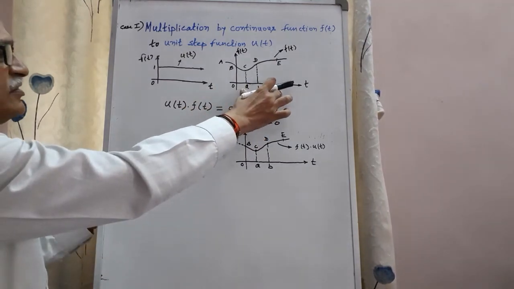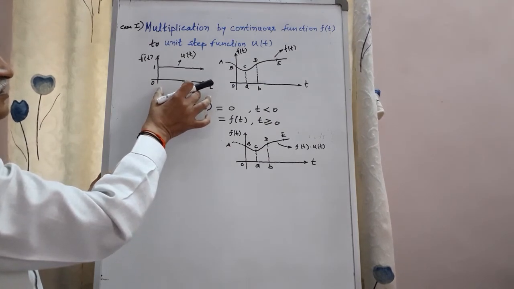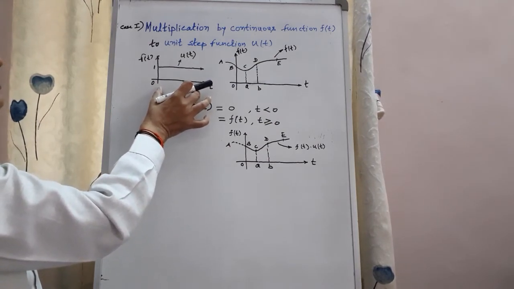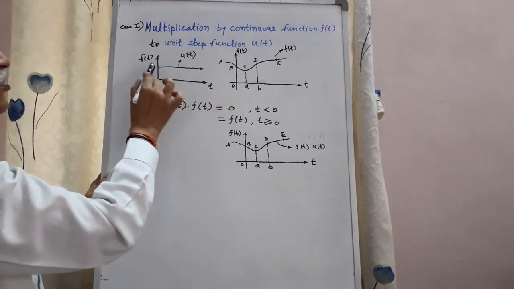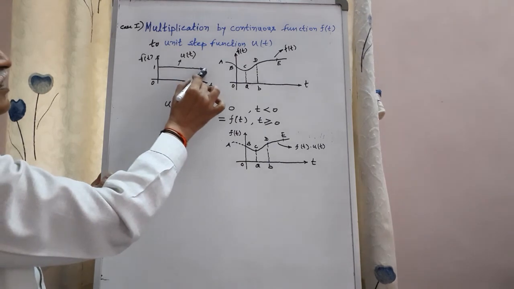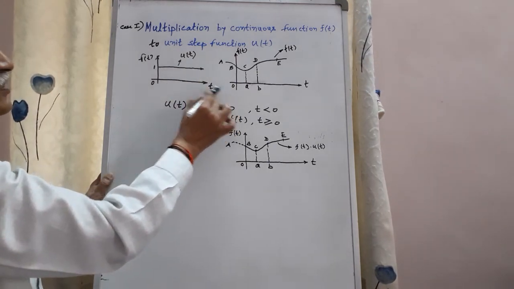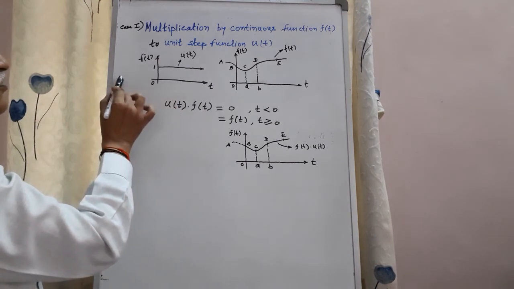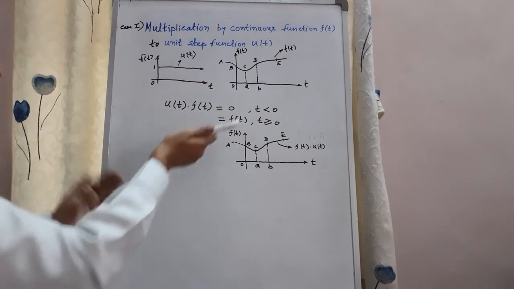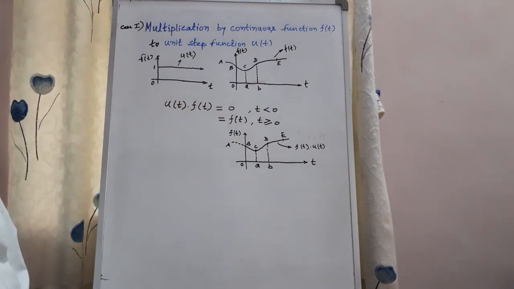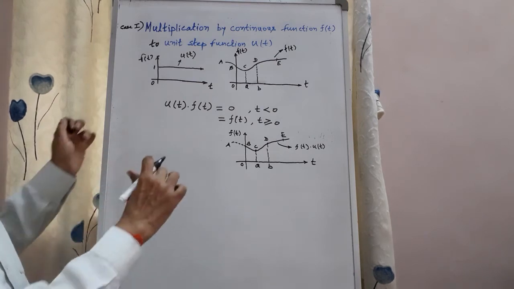This function is a continuous function that is multiplied to unit step function u of t. On x-axis t, on y-axis u of t, and the value of that function is 1 for all positive values of t, and its value is 0 for negative values of t, as that already I have explained in the previous part.